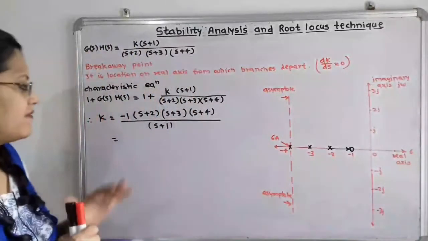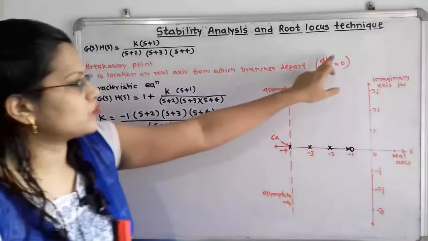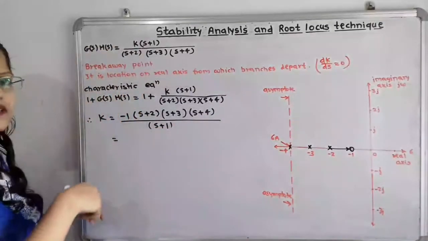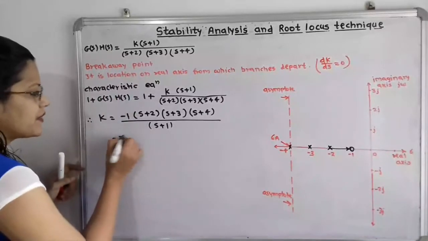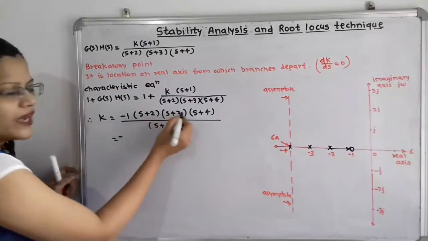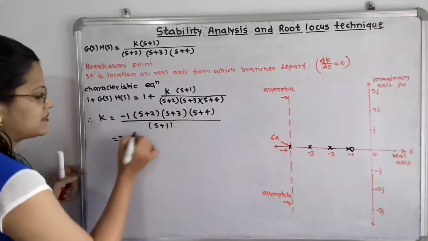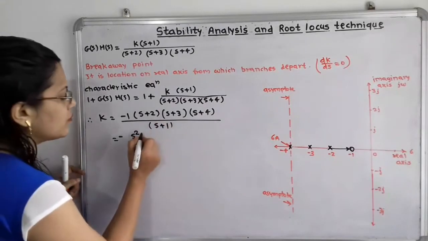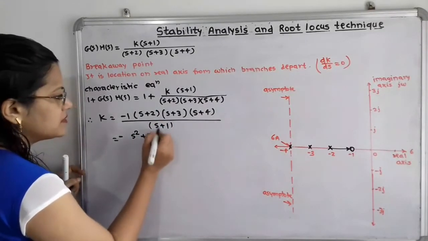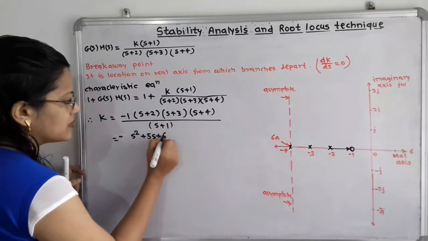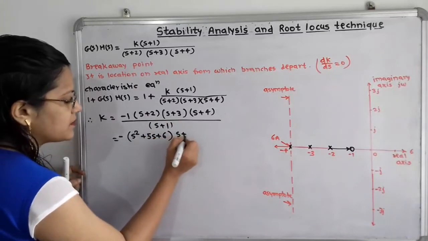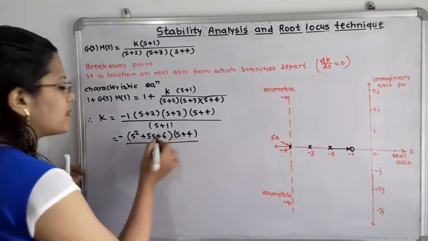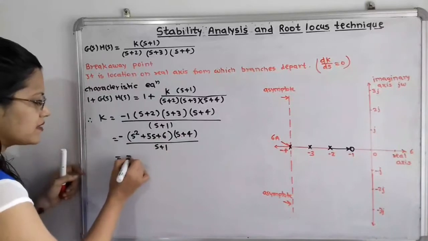Now we will simplify this because we have to take the solution for dk by ds is equal to 0. Now I will multiply here. The minus sign we will take as it is, and then (s+2) and (s+3). We will multiply these two brackets, that is s square plus 2s plus 3s, that is 5s, plus 3 multiplied by 2, that is 6. Now in the second bracket, (s+4) divided by (s+1). Again we will multiply these two brackets, so the minus sign will remain as it is.